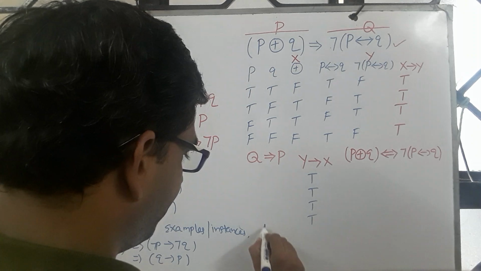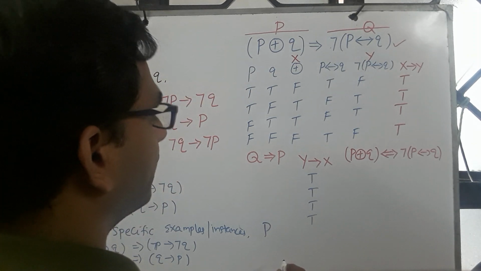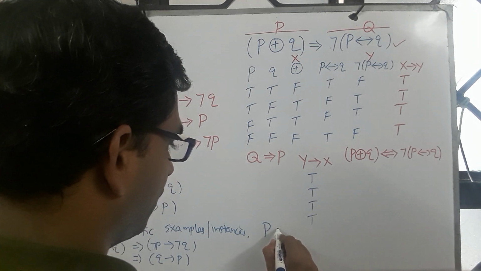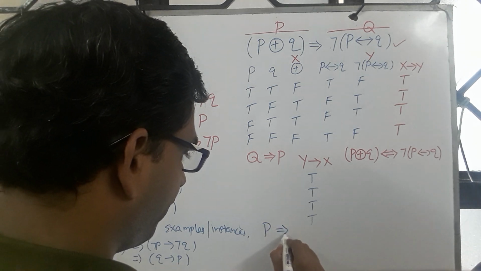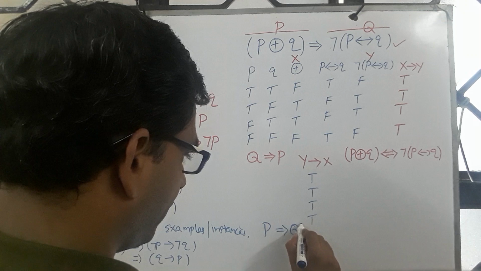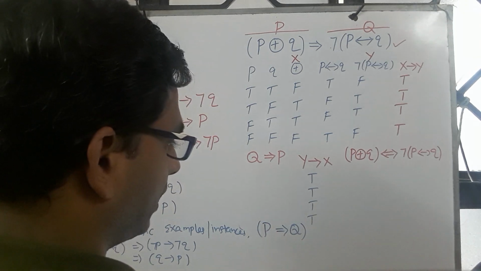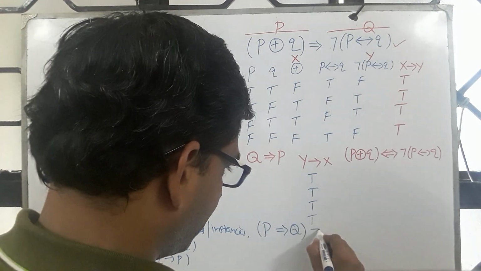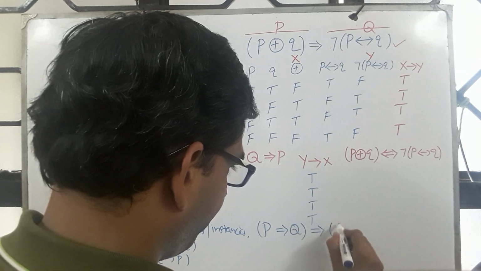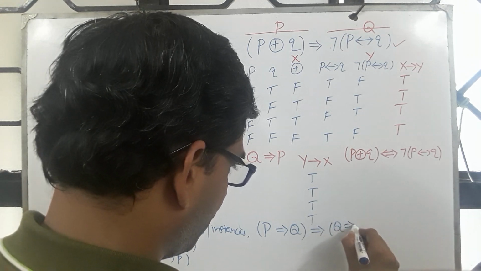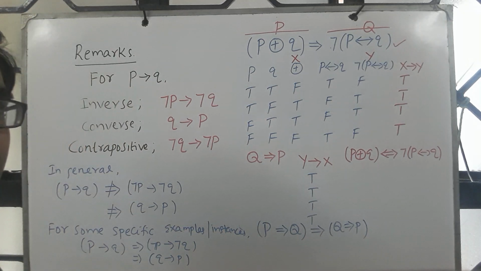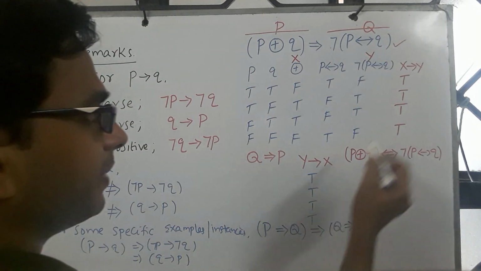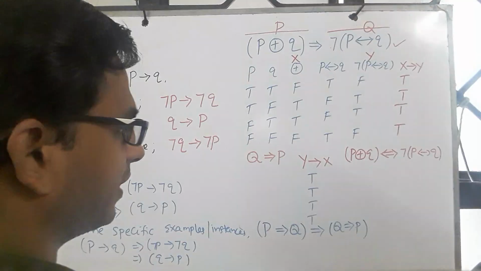Now what is this telling us? So you have P and you have P implies Q. Now does this imply Q implies P? For example, P implies Q is true, true everywhere.